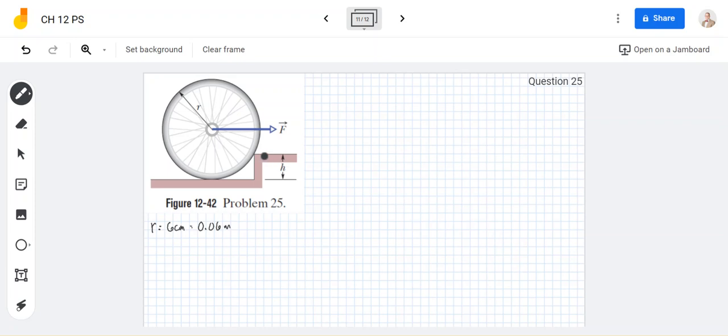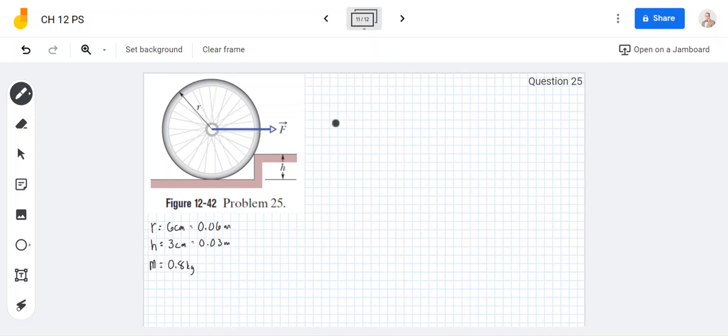And then it's sitting, and we're going to try to pull it over this step here. The step here has height equal to 3 centimeters, which is 0.03 meters. And we're looking for the F value here. It also says that the mass is equal to 0.8 kilograms of the wheel.